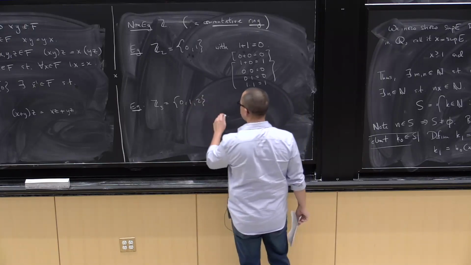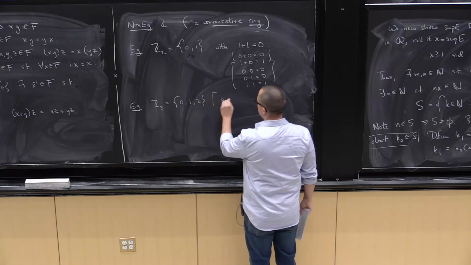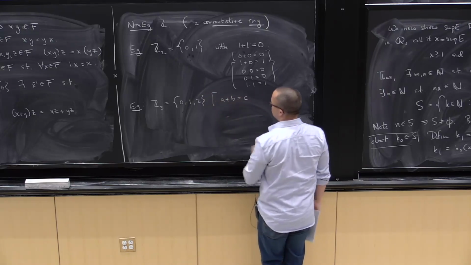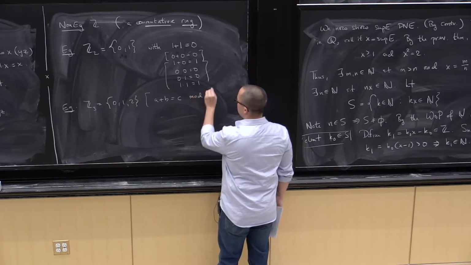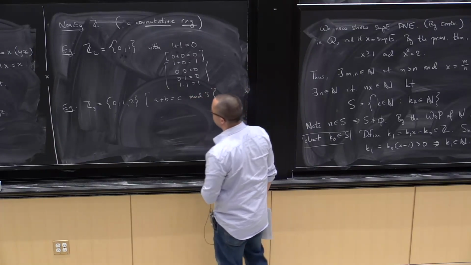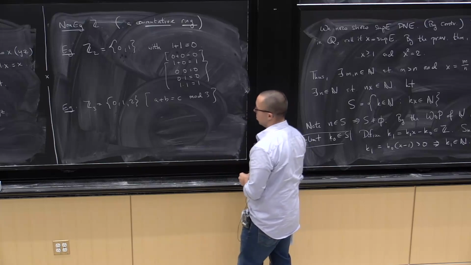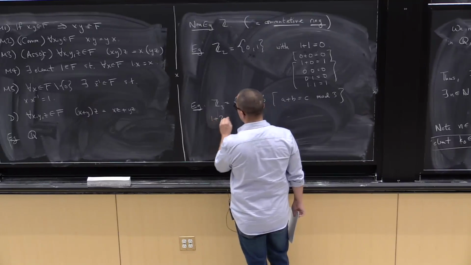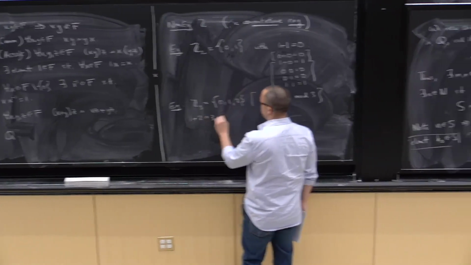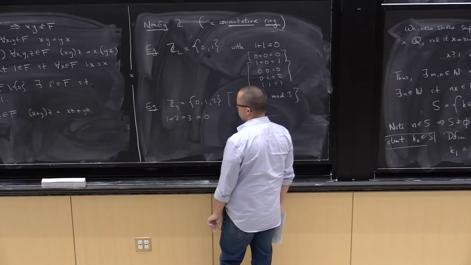So here addition is defined mod 3. If something is a multiple of 3, then I equate it to 0. So for example, 1 plus 2, which gives me 3, a multiple of 3, is defined to be 0. Okay?